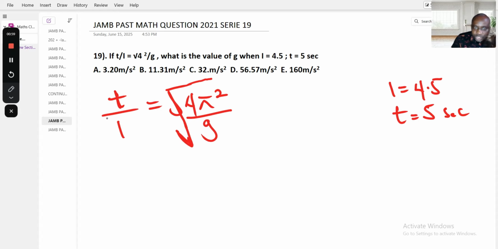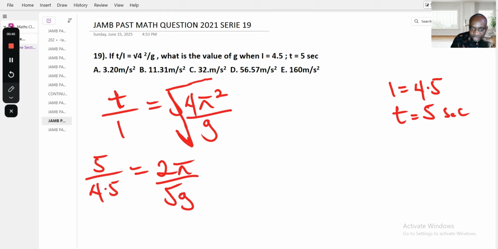Therefore, let's continue. What is our t? Our t is 5. What is our I? Our I is 4.5 equals to the square root of 4 which is 2, and the pi, we have only one pi left, isn't it? And the square root of g will still remain the square root of g because that one has not opened.